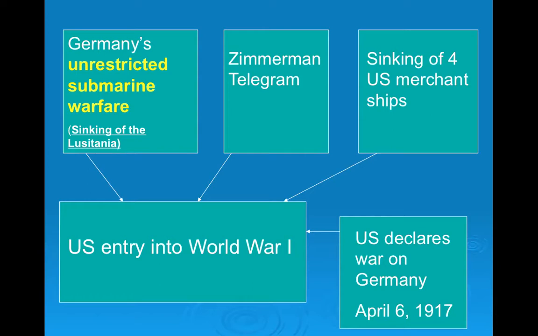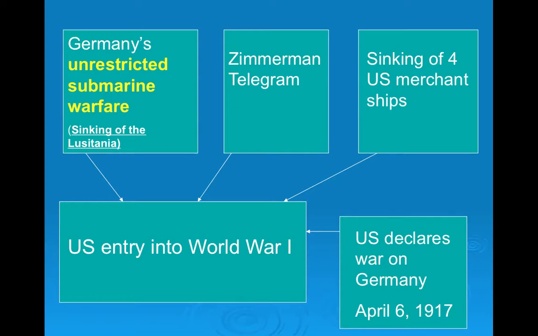They said, hey, if you join the war on our side, then we'll give you access to Texas and California and all this kind of stuff. But get this, they did this before the United States was in the war. So Germany told Mexico they could have our land back. Well, actually, it's their land that we took from them in the Mexican-American War. And Germany's going to give that to them before we're even in the war. Does that tell you where Germany's coming next?